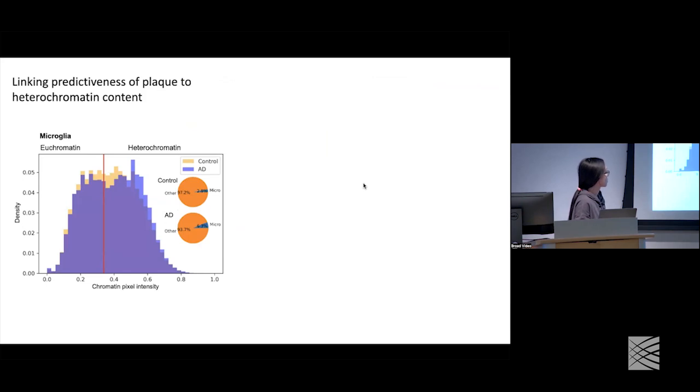And you can already see that the control distribution of chromatin pixel intensity is mostly a unimodal distribution. And when it goes to the AD transgenic mouse, there is a shift towards higher chromatin pixel intensity, and it starts to become a bimodal distribution. So some parts of the cell start to be more affected by the plaque nearby and by the disease progression, and start to have a denser chromatin, and then a higher intensity here.